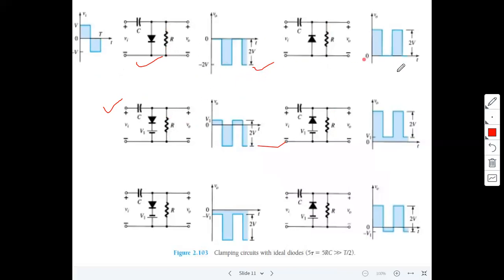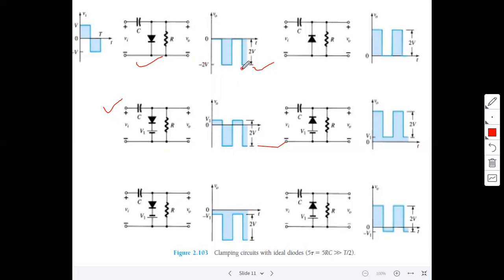The output is the same with resistor or without resistor, provided the condition RC very much greater than the time period holds. An important thing: the input is a square wave, and the output is also a square wave.